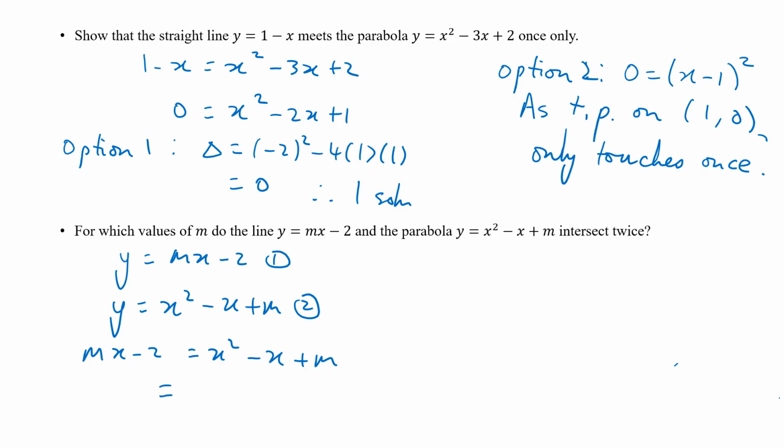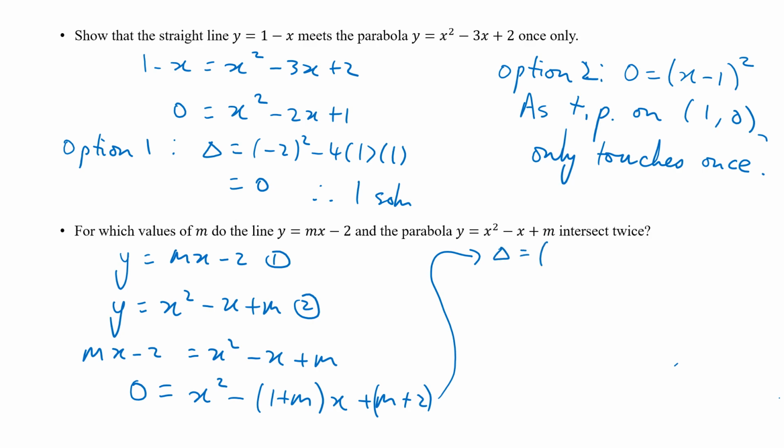Rearrange your equations. And then here's where it gets a little bit messy. You are going to use your discriminant, which is the square of the middle one. There is a negative, but we don't have to write that. Why is that?